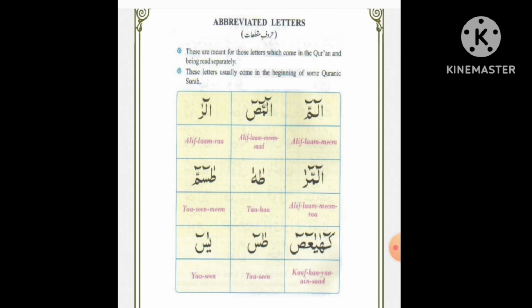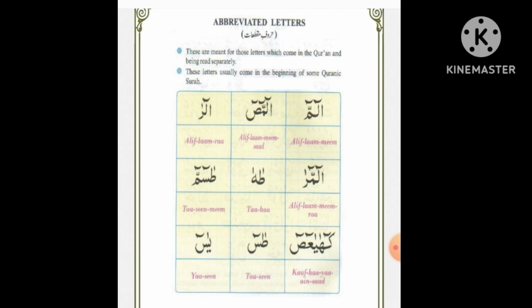Mim. Okay, here let me explain one thing. When you read the seen, there is a noon at the end of seen. The sound of noon, seen, isn't it? But as we see that the meme is bearing a tashdeed, that means the noon is to be dropped.